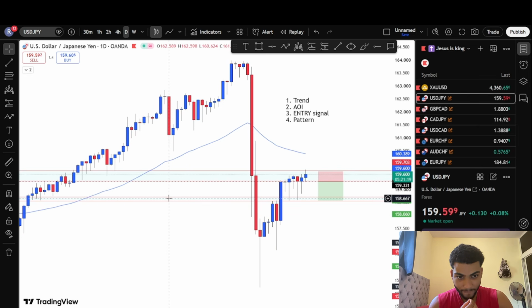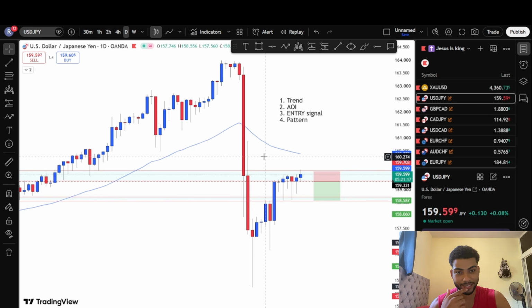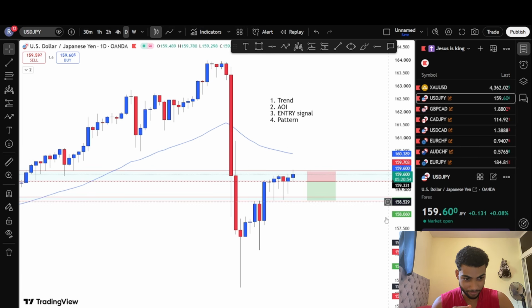So I already have an area of interest, and as I said, I only do it on the weekly and then on the daily. I use the weekly, the daily, and then the 4 hour to identify the trend because I need two consecutive time frames in sync. But I use the weekly and then the daily to identify the area of interest. And why? Because the market is going to reject.